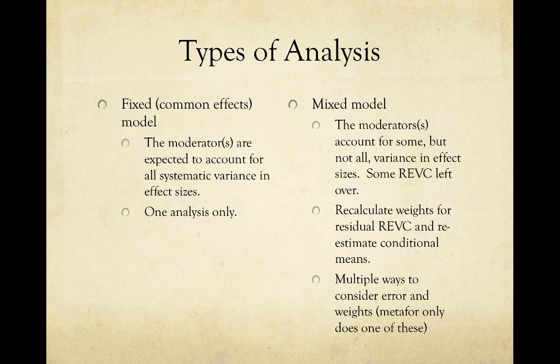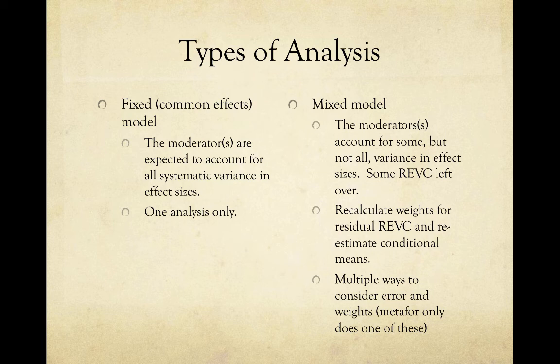So just as in the analysis of the effect sizes, we can talk about a fixed or common effects model, and instead of a random effects, it's customary to talk about a mixed model when we're going to include moderators in the model. So in the fixed or common effects model, the moderators are expected to account for all the systematic variance in the effect sizes.